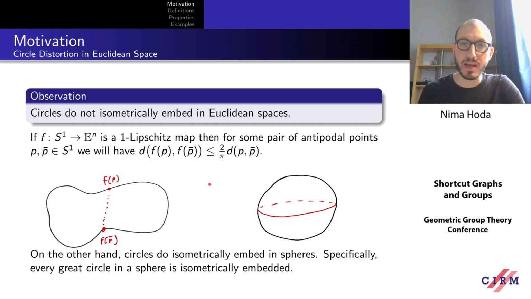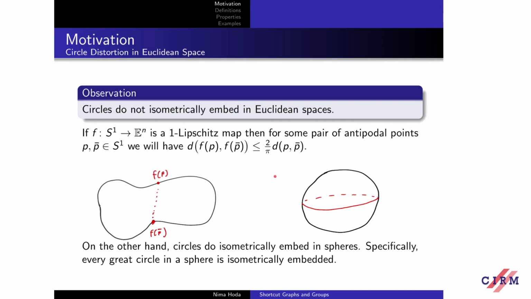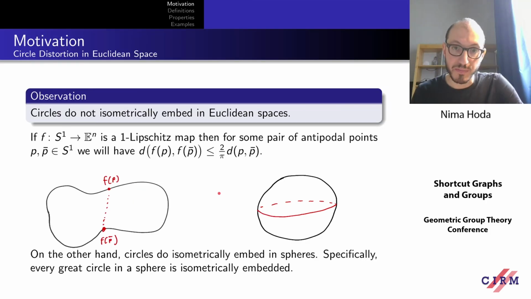What I mean by that is that if f is a one-Lipschitz map from a circle into a Euclidean space, then there's going to be some pair of antipodal points in S^1, p and p-bar, that are closer in the Euclidean space than they are in the circle, and in fact closer by a constant factor of 2 over pi. In the case of a perfectly round circle in the plane, that's the case for every pair of antipodal points: they're at distance 2 over pi.